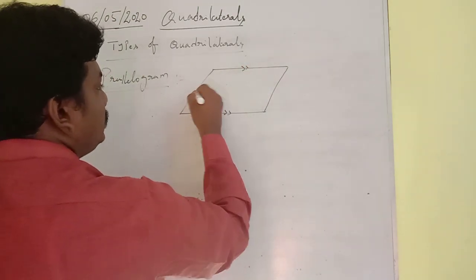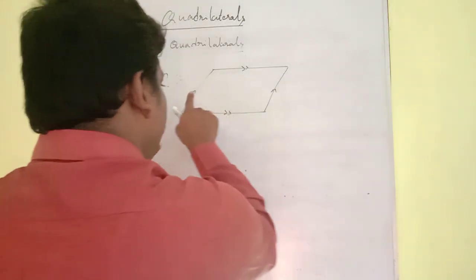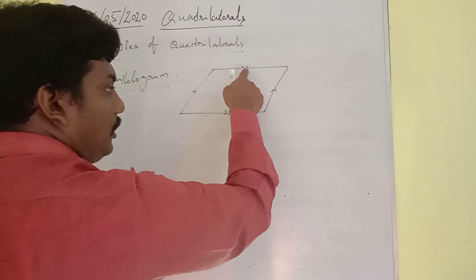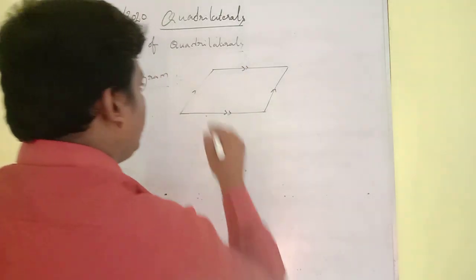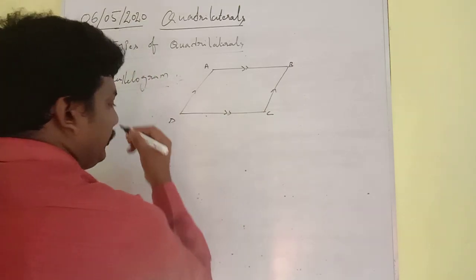Here the arrows indicate that the single arrows are parallel and the double arrows are parallel. Let me consider this as A, B, C, D.